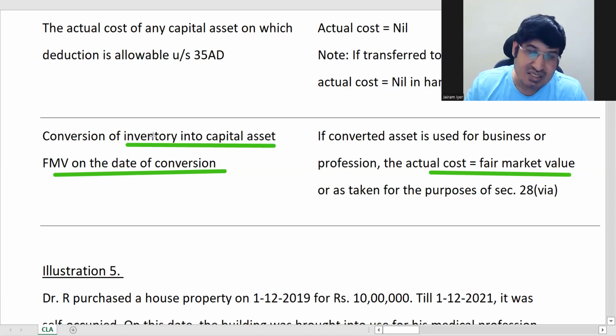It is a sale value, meaning the business is selling it now and you are converting it into a capital asset. That is how it will be seen. Under capital gains, it will become a capital asset, and your actual cost will be the fair market value.